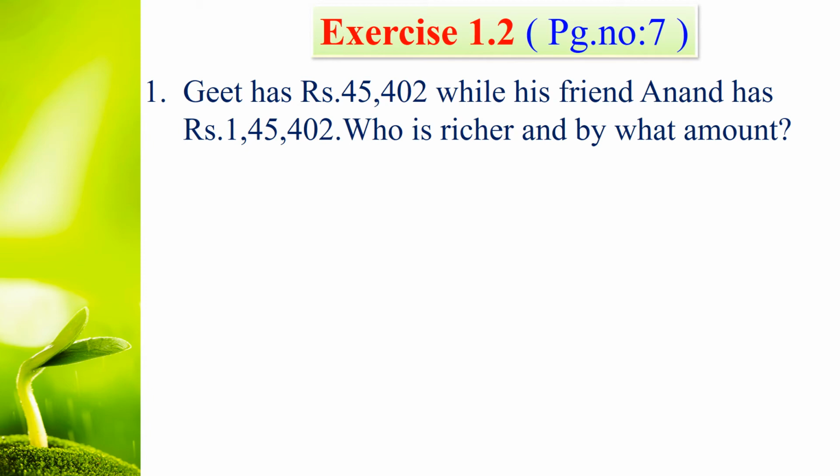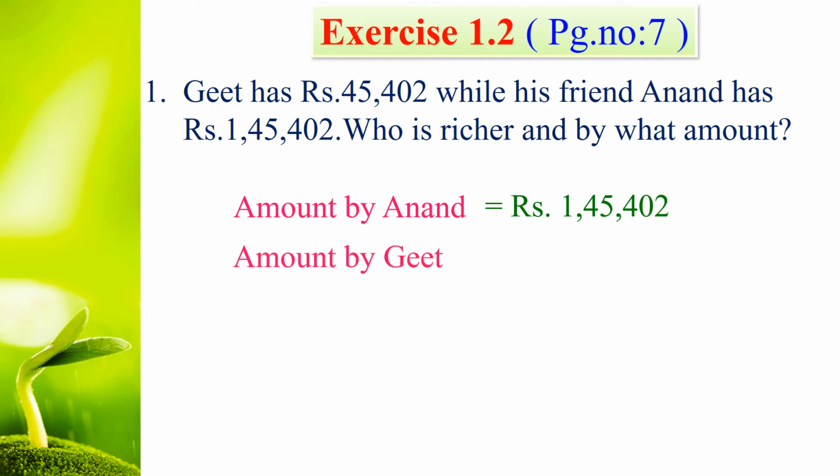So first let us find the difference between the amounts of Geet and Anand. The amount by Anand is rupees 1,45,402. The amount by Geet is rupees 45,402.